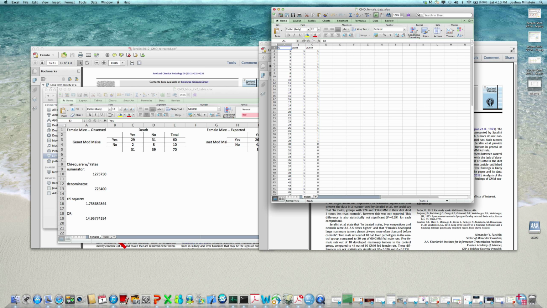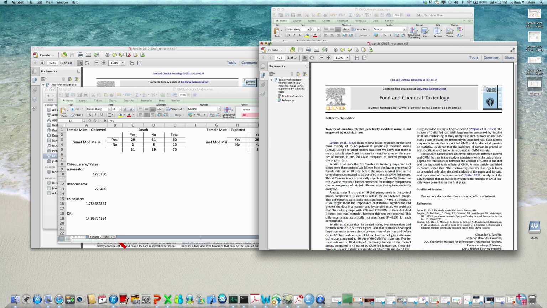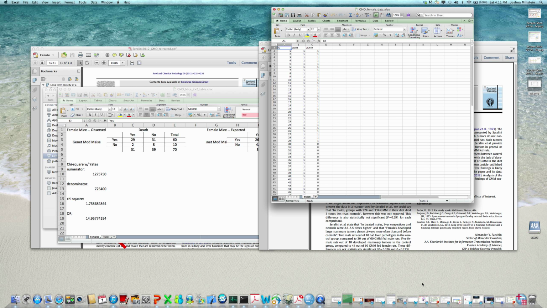And then death, 1 if they died, and 0 if not. So I put this data set together based on the numbers in this letter to the editor. Okay, now let's open SPSS and do the Fisher's exact test.